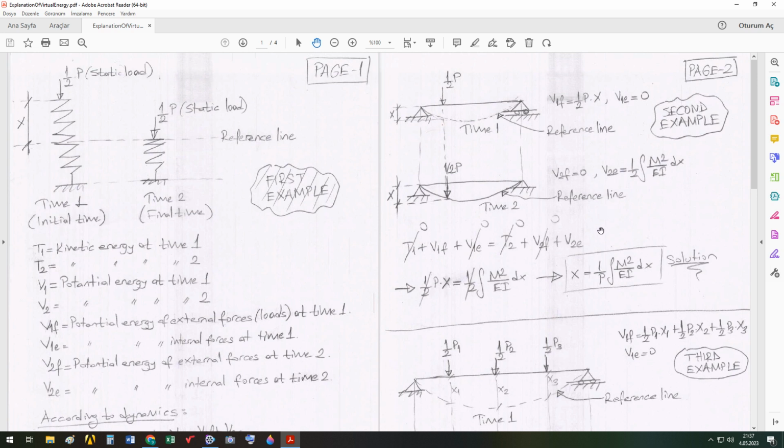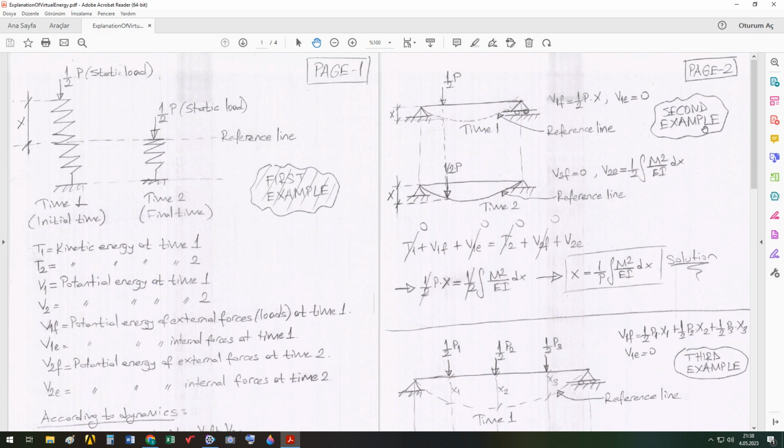Now, let's come here. This is actually a very similar example, the second example. But as civil engineers, in civil engineering applications, we are not interested in springs. We are interested in beams, columns, or similar structures.